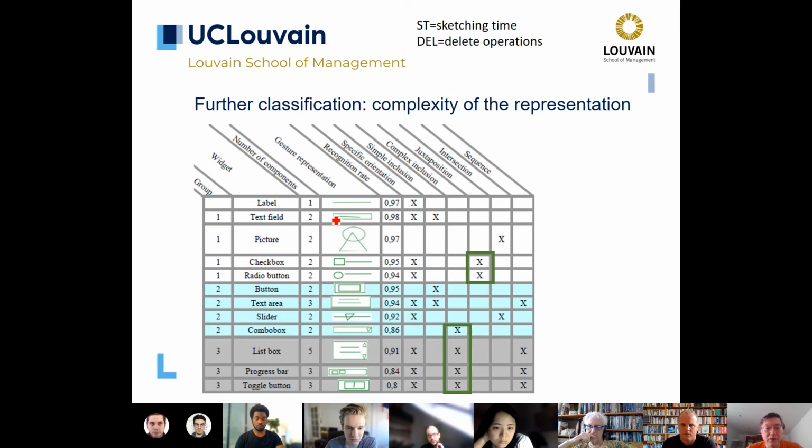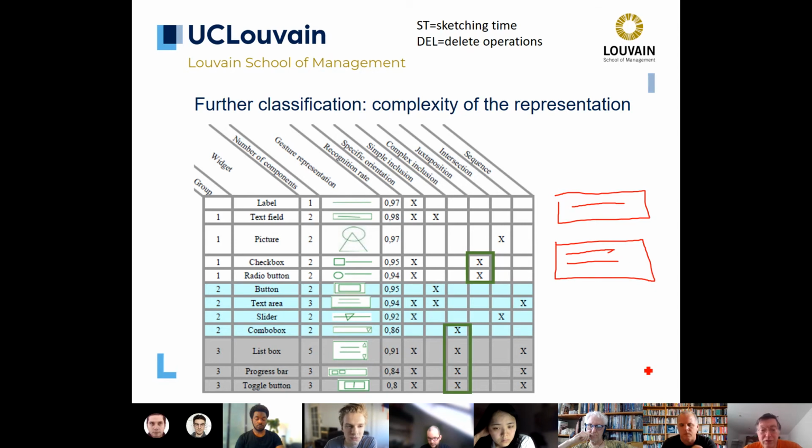For instance, here you can see the text field is depicted as a rectangle with one line inside because it's a one-line text field. But the multi-line text area is exactly the same as a rectangle, but with two lines or even more.